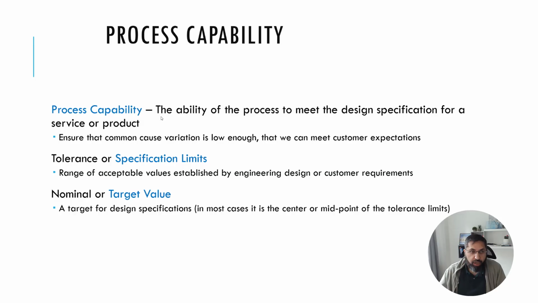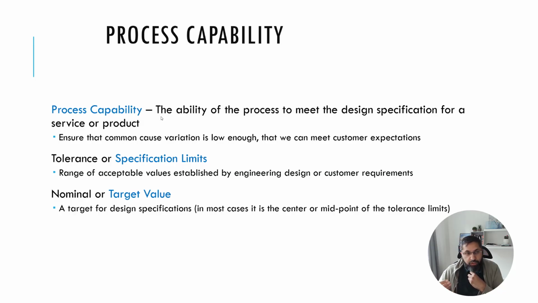They should not be coming from your process. The specifications should be coming from the design team, from the customer. So hopefully the product design team looked at customer requirements and translated them into a design specification. From those specifications, we get our process specifications.